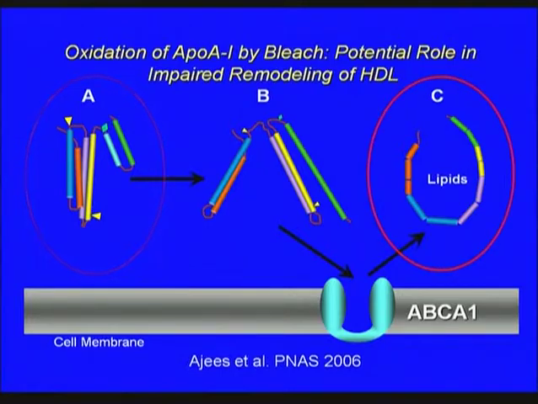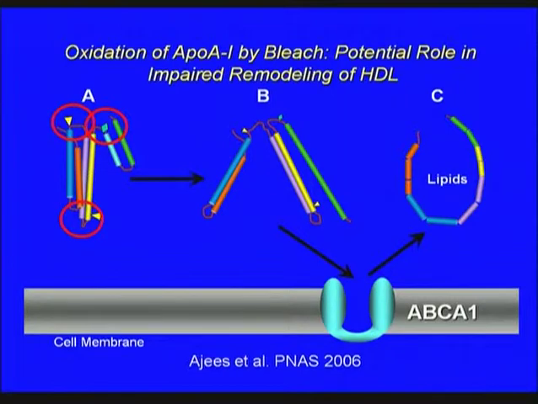In contrast, when ApoA1 is bound to HDL, it has a very different conformation. Now it looks like a horseshoe-shaped molecule, and one could just envision this molecule going around a spherical particle and accompanying it.